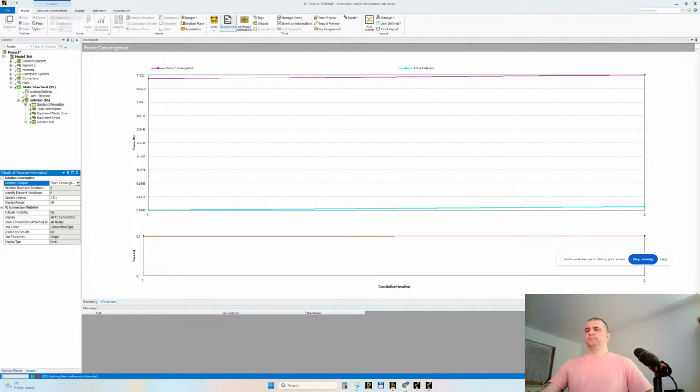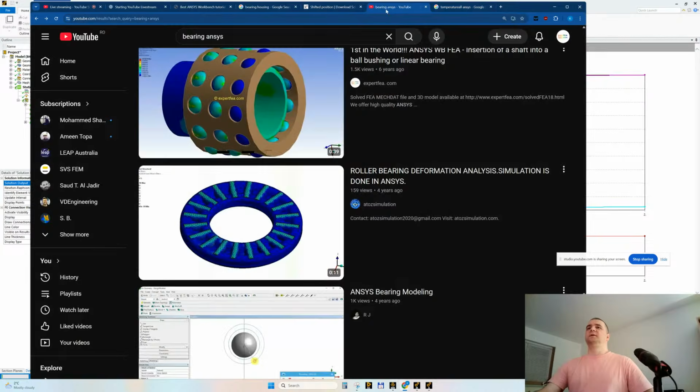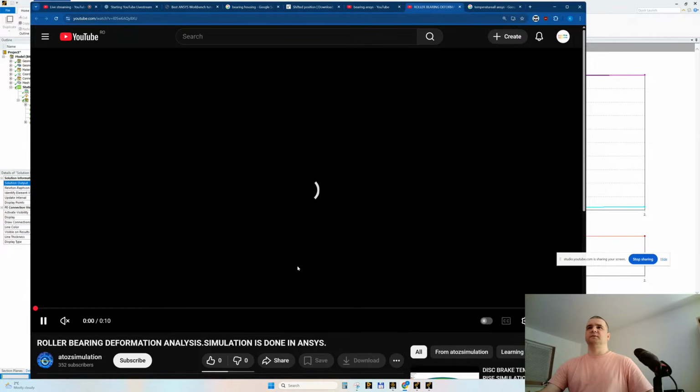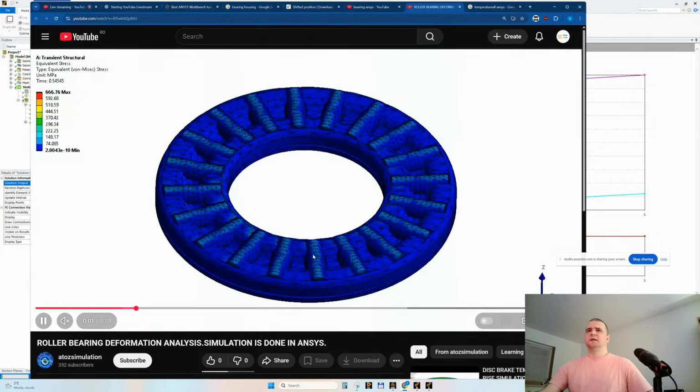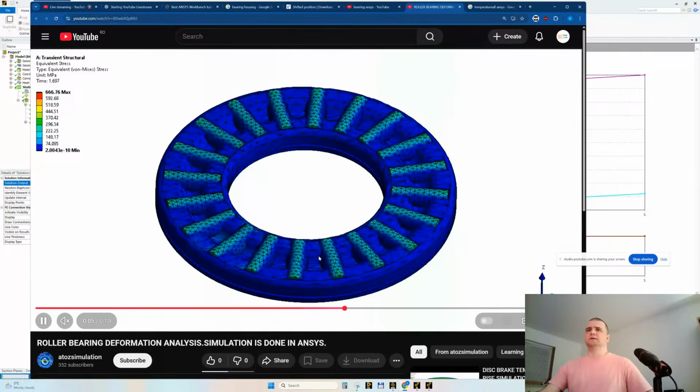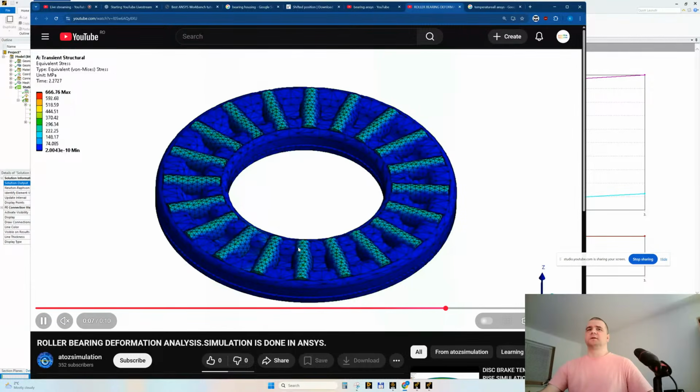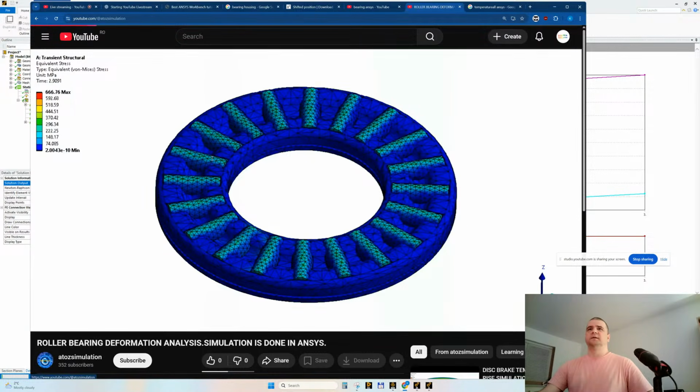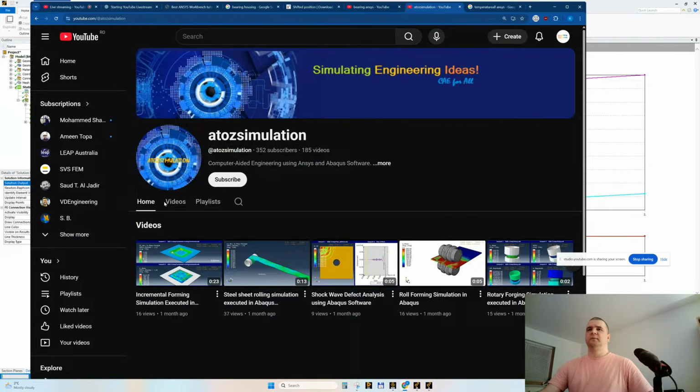So where were we? Here on the bearing, I would like to see this, because it looks very nice at first glance. Ooh, yes. This is a properly made simulation. Does he have more?